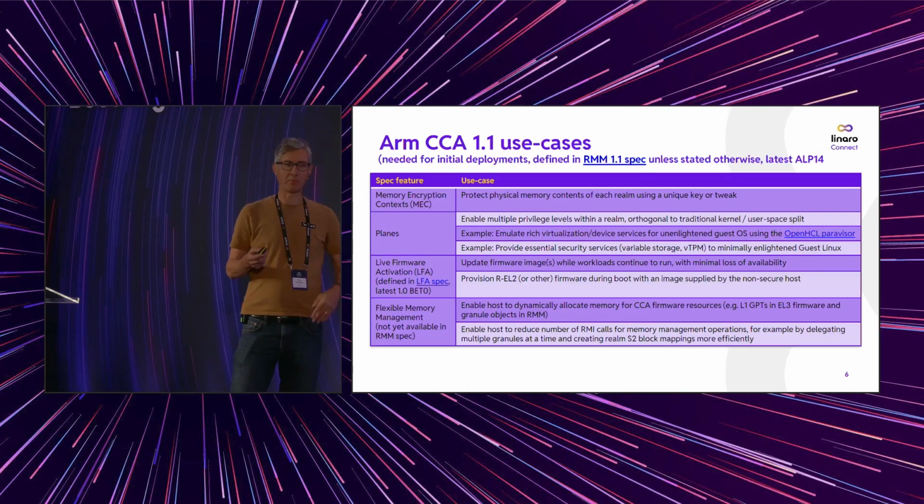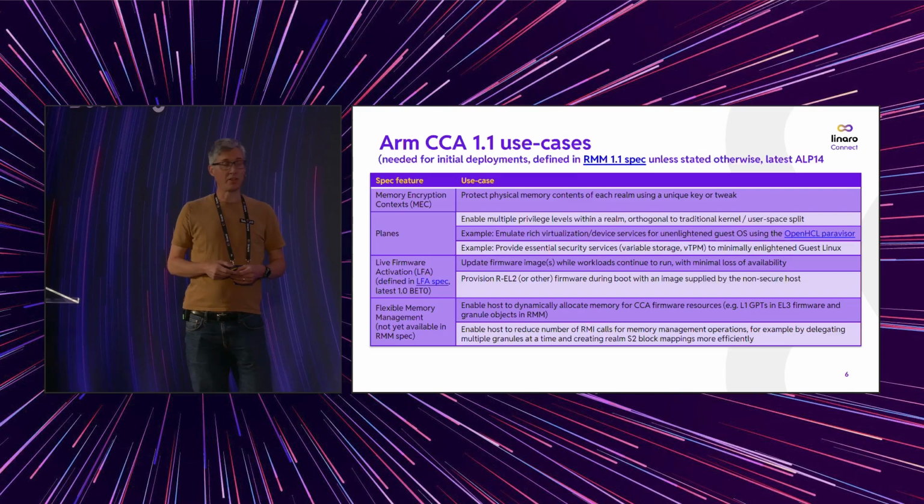The other use case might be to have a more enlightened stack that's specifically to support an enlightened guest Linux for essential security services like a virtual TPM and secure storage. And that enables you a much lighter weight hypervisor stack within that Planes environment.